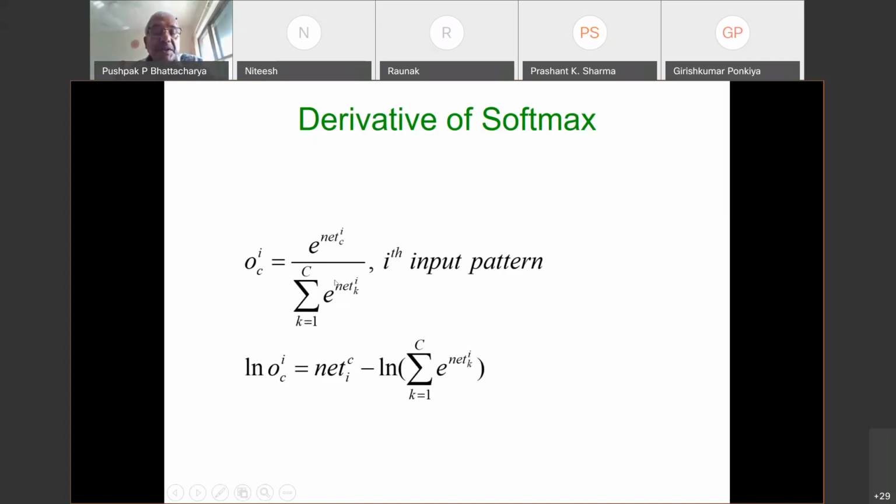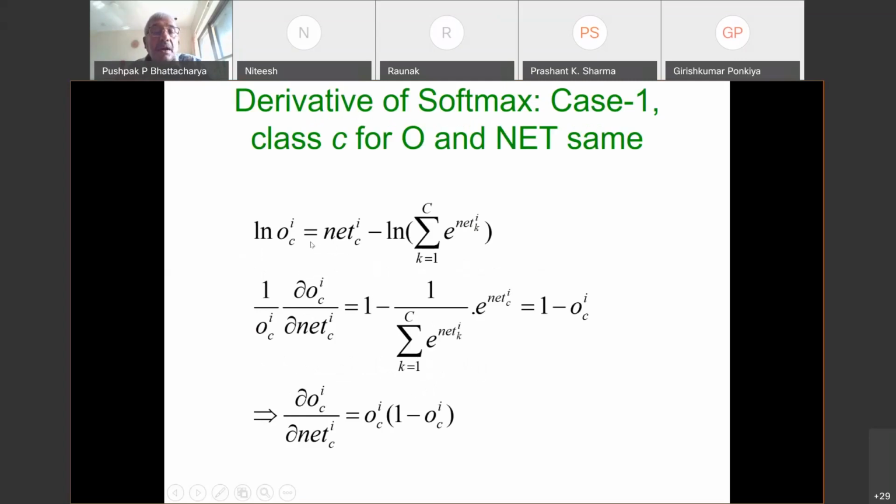When it is with respect to the input of the same neuron, I apply the idea used in the derivative of sigmoid. So ln O_ic is equal to net_ic minus ln of the denominator, which is a summation. Now I take the derivative on the left hand side.